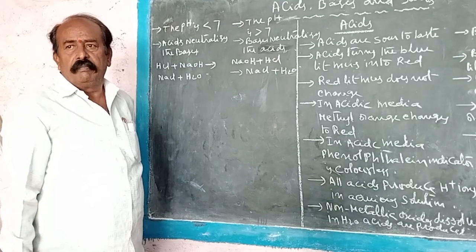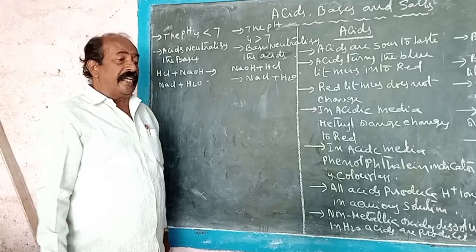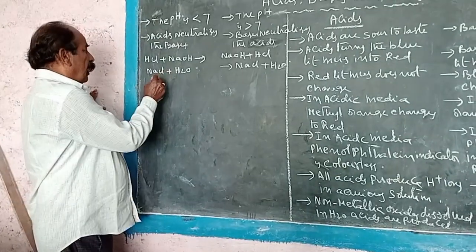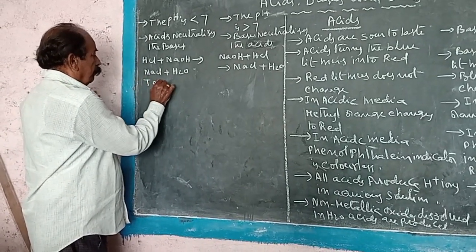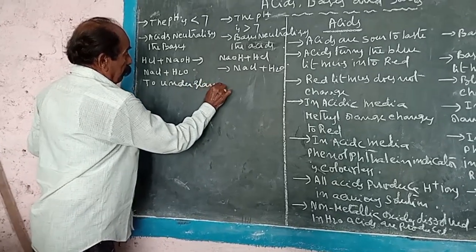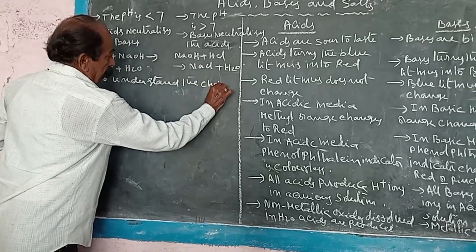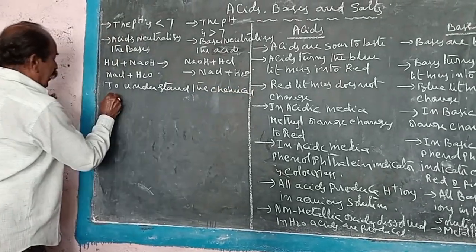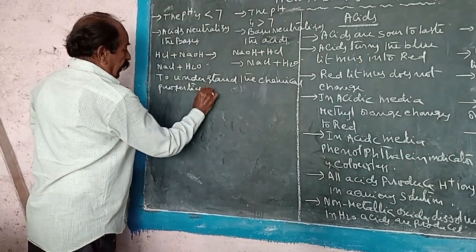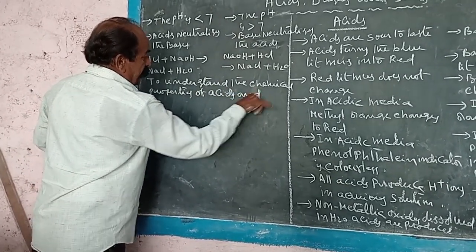After this, if we want to understand the acids and bases, we want to carry out activity 2.1, in order to understand the chemical and physical properties of acids and bases.